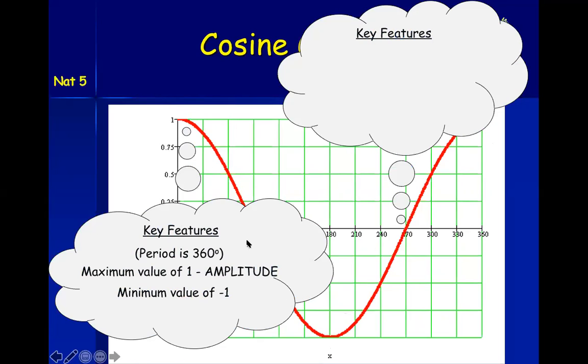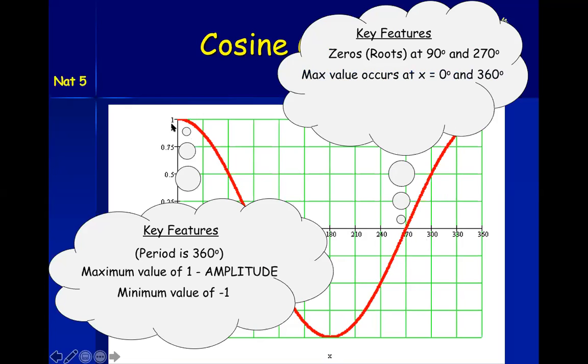We've got only two roots this time between 0 and 360. So the first root is at 90, and the second root is at 270. Max value occurs when x equals 0 or when x equals 360, and the min value is when x equals 180.